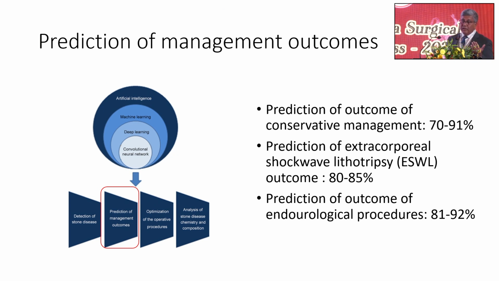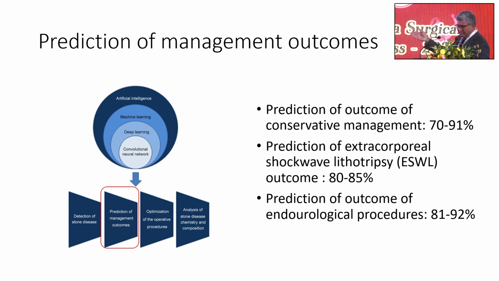Now, we know from historical data that 80% of stones that are 4 or 5 millimeters or less will pass. But what we don't know is how long it takes to pass. And we don't know how much pain that patient might have while waiting for it to pass. The algorithms give us that, sift it down, individualize it for the patient, and then tell us what the outcome might be.